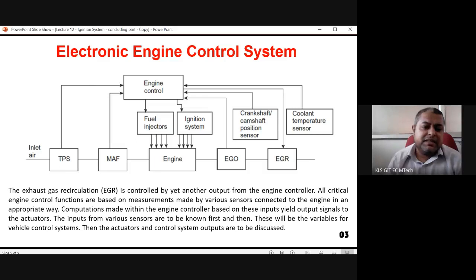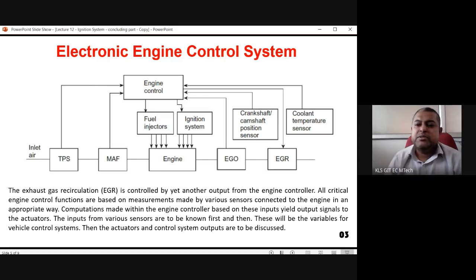All critical engine control functions are based on measurements made by various sensors connected to the engine in an appropriate way. The appropriate way means proper timing with proper magnitude. Computations made within the engine controller based on these inputs yield output signals to the actuators. It was already told to you that there are 5 sensed inputs given to the engine control.